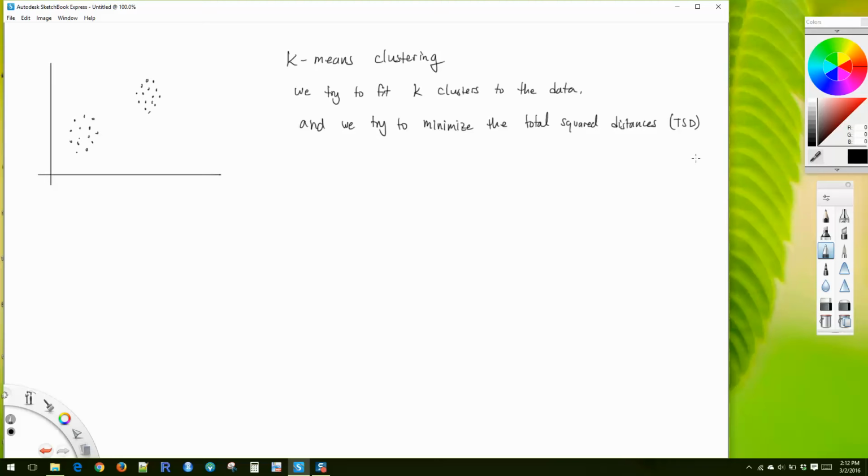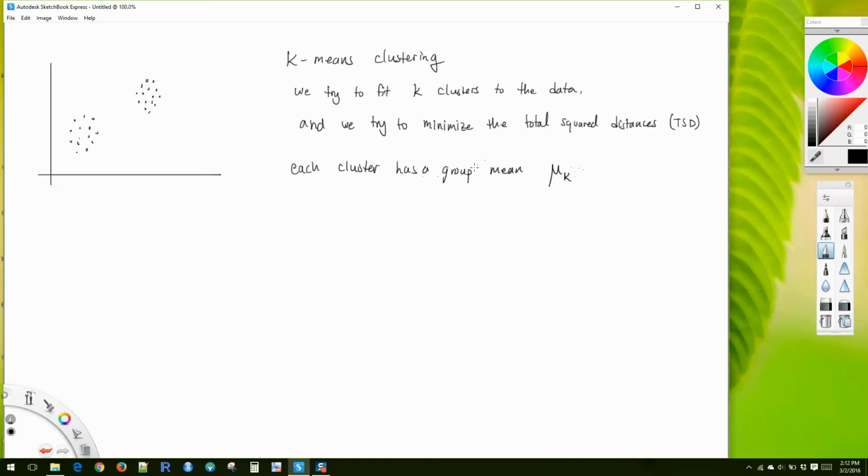So basically, if we have k clusters, each cluster has a group mean, mu sub k.